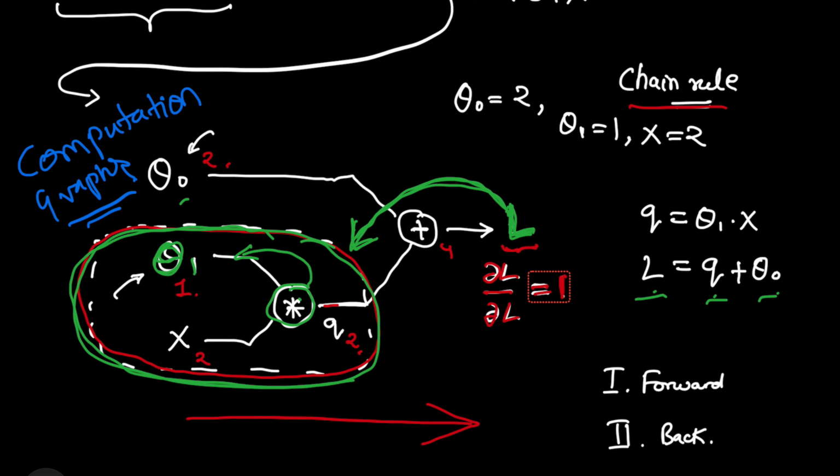So this is what is called the computation graph, where you do the forward pass and calculate the values, you calculate the loss, then you calculate the gradient of that loss, and then you propagate it backwards to find out the gradient of every parameter, right?